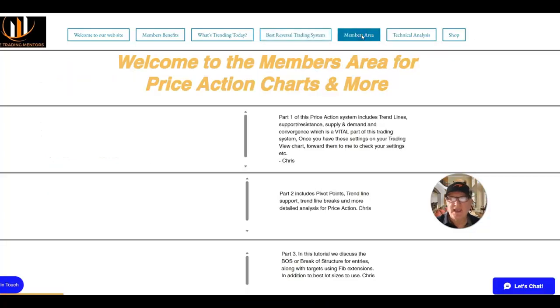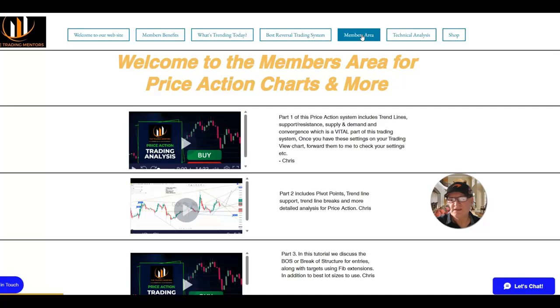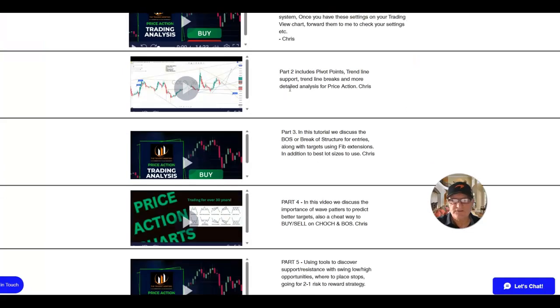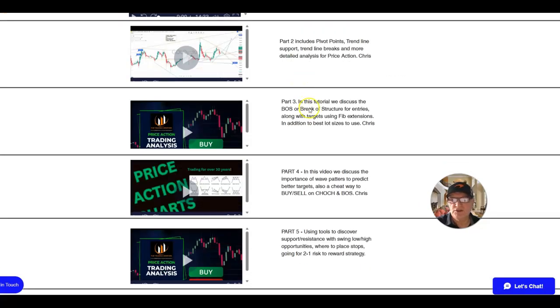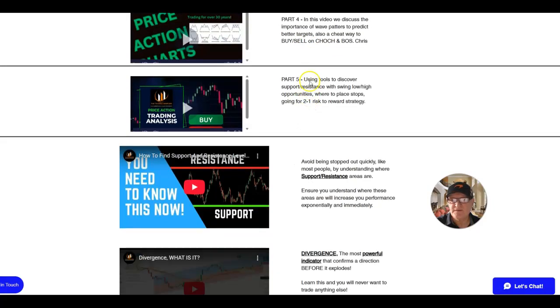Now, the members area, you need a password for this for VIP members. And I don't think many people know about this, but nonetheless, these are where all the coaching videos are held. So you can pop in and have a look at those. Some of them are password protected, but there's lots of free stuff as well, including price action charts, 1, 2, 3, 4, 5 sections.